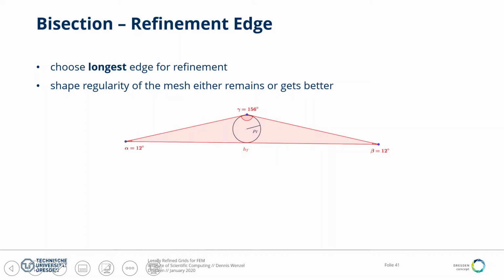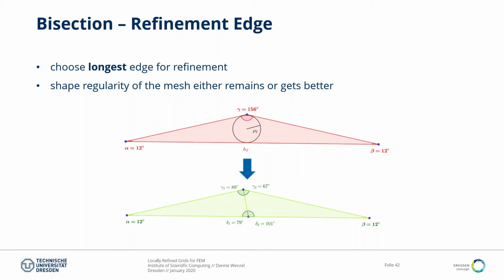Look at this very long stretched triangle here that has a very long edge and a very small in-circle. If you choose this side down here as the refinement edge, put your new point here in the middle and cut this in half, then you see that those newly created triangles are better.